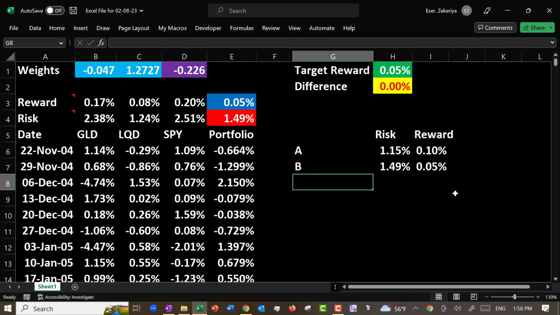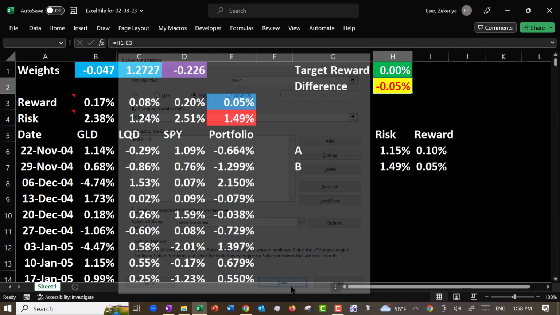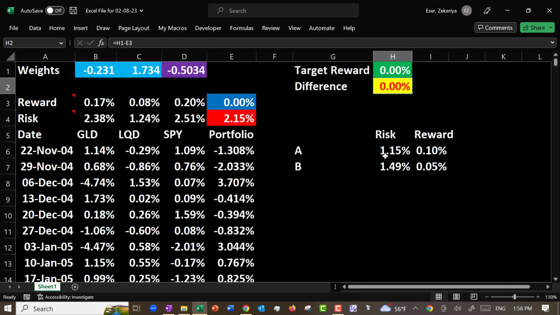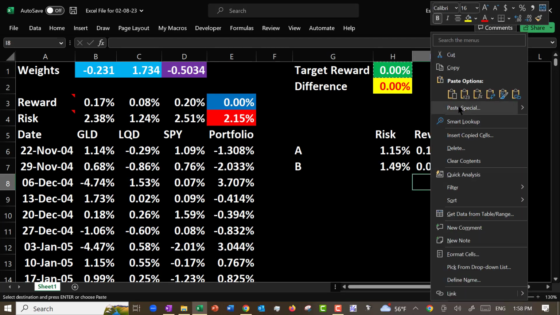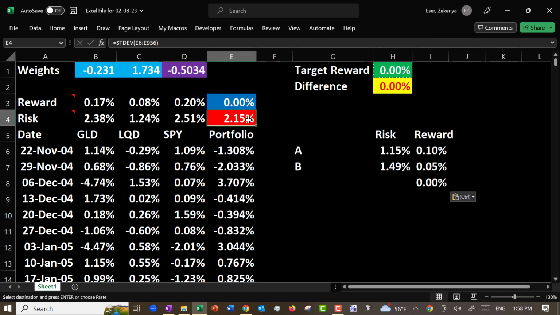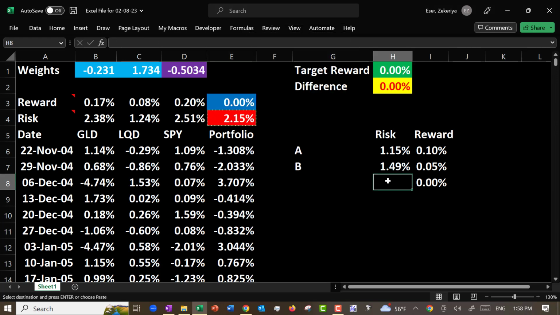Okay. Let's try another one. Target reward 0. We're going to do the same thing. Data, solver, solve, copy. Obviously, portfolio C is also inefficient.